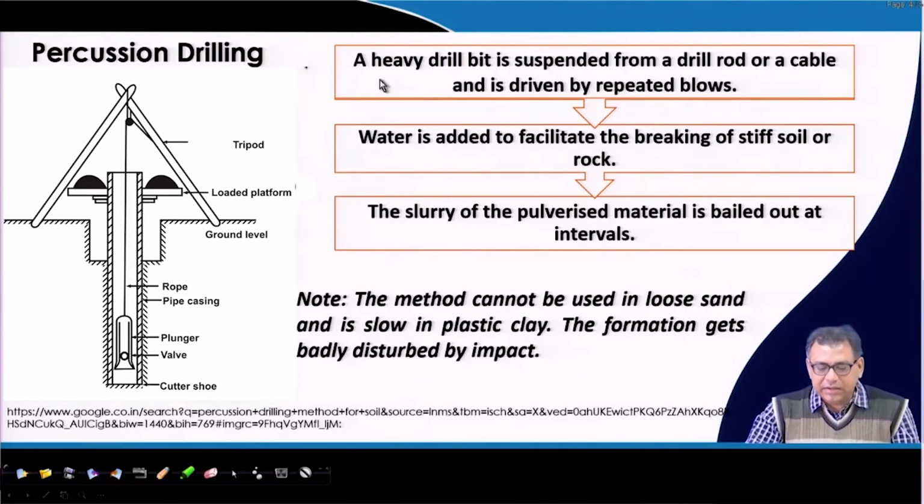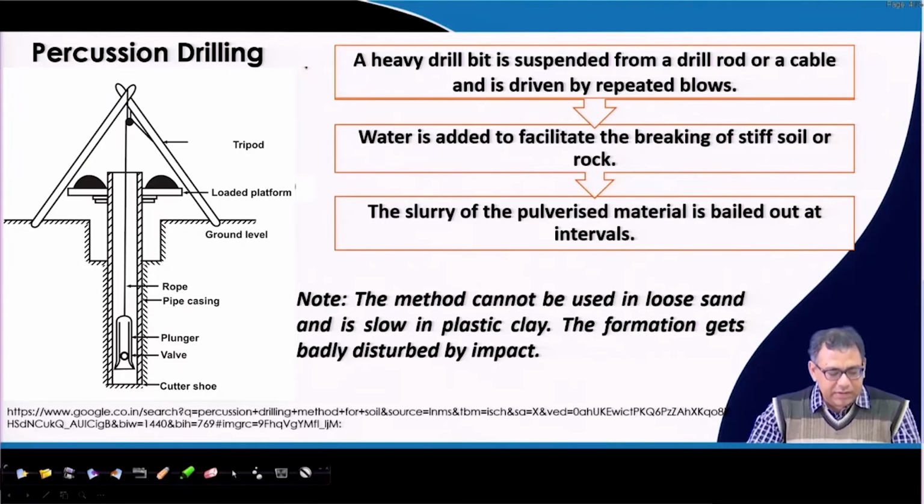Then percussion drilling. Here a heavy drill bit is attached to a drill rod and cable and is driven by repeated blows. The previous one had the bit rotated by power, but here it is driven into the soil by blows. Then water is added to facilitate the breaking of stiff soil or rock, and the slurry of this material is bailed out at intervals.